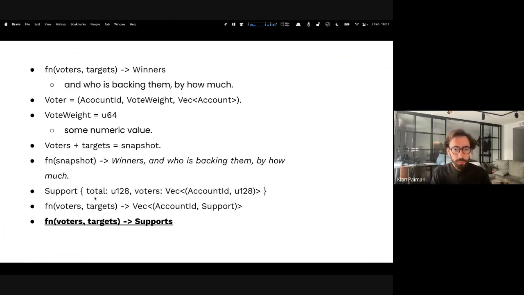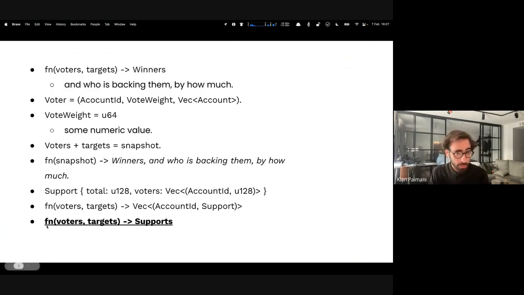My total support would be 50, and I would have a nested inner vector of voters referring to those 5 nominators, each of their account IDs and the amount that they're backing me. So the winners translates to a vector of the winner itself and the amount of support that it's receiving. This is also what we call the winners.